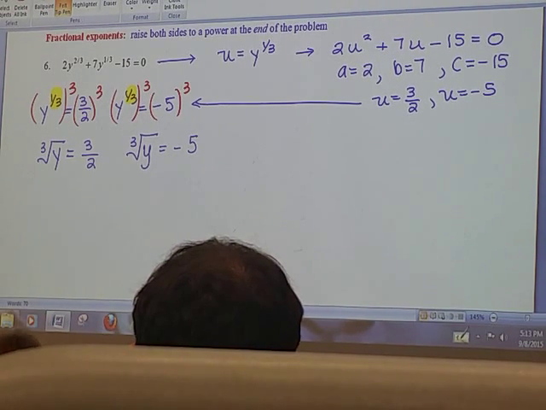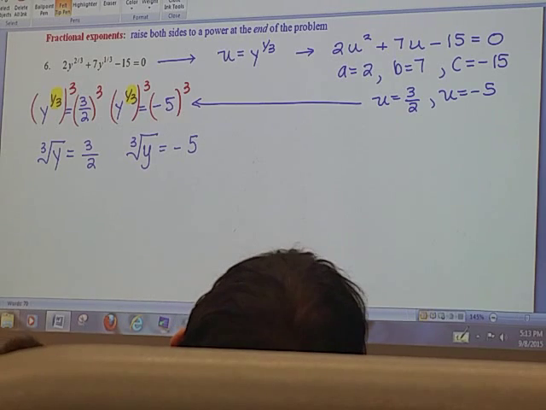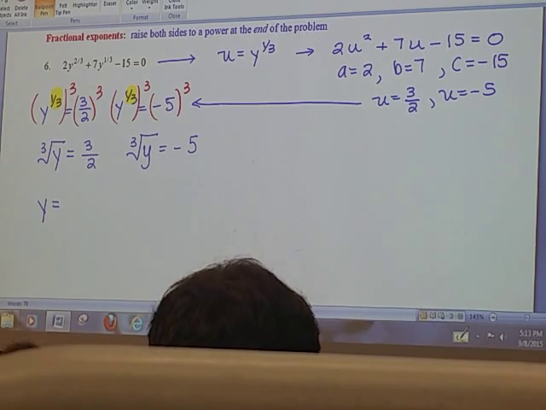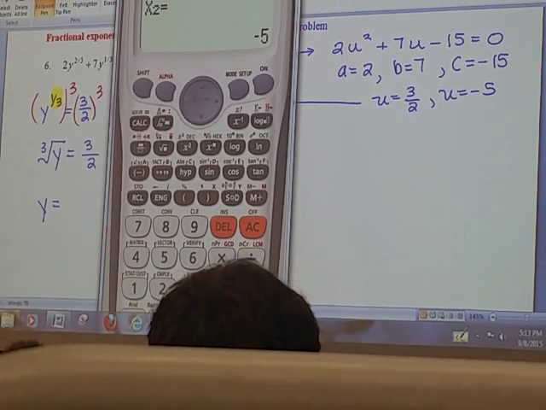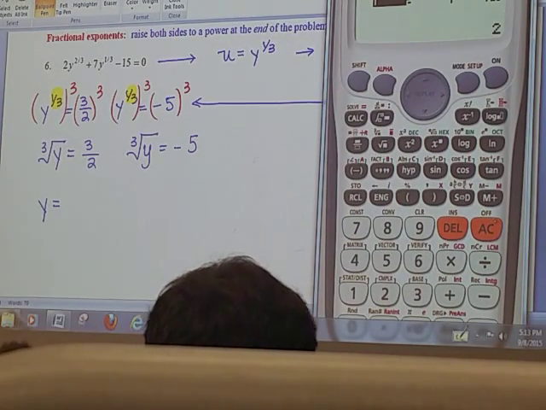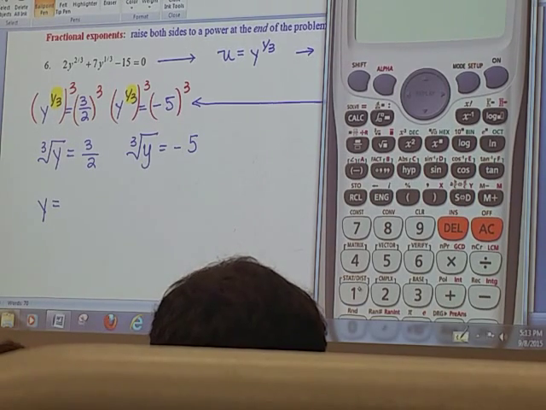I'm showing you this so you realize that just like you have a square root, you square both sides. You have a cube root, you cube both sides. So this becomes y equals 3 halves cubed, which you can just do in your head, or you can actually put that into your Casio. At this point, all arithmetic hurts you, because now you have a machine for that.